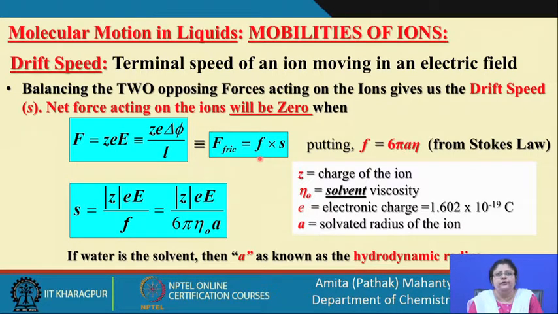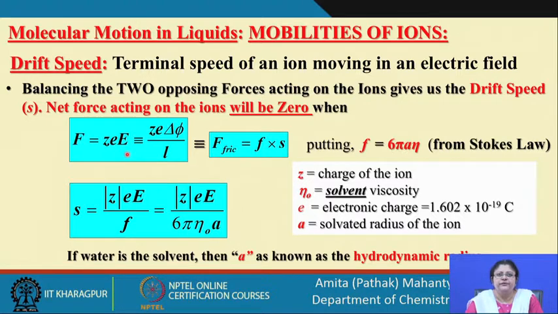The two opposing forces are, one, the force generated due to the presence of the electric field, and the other, the viscous drag. So, this is the frictional factor into S and this is nothing but Ze into the total field.